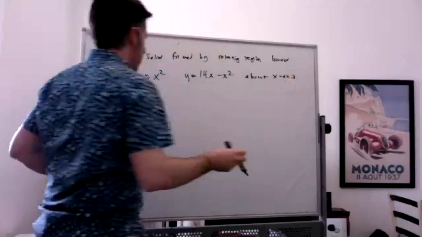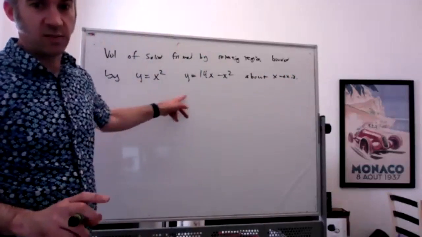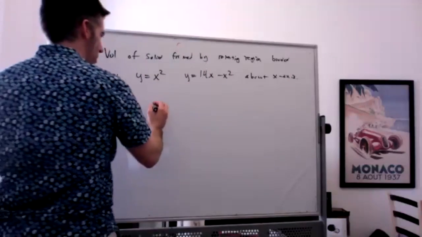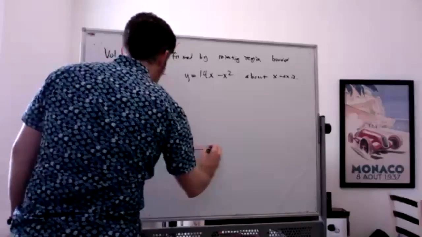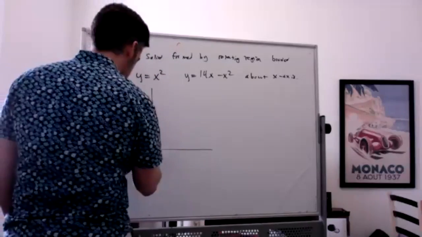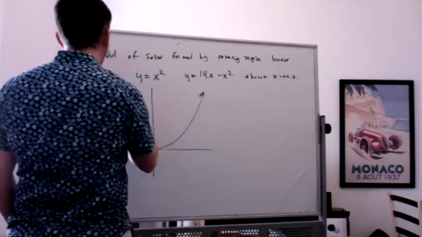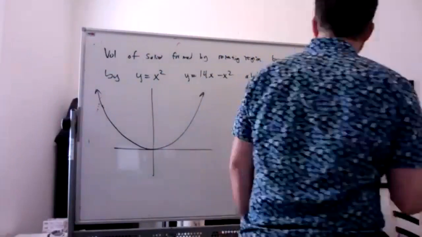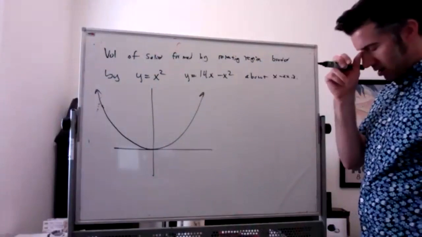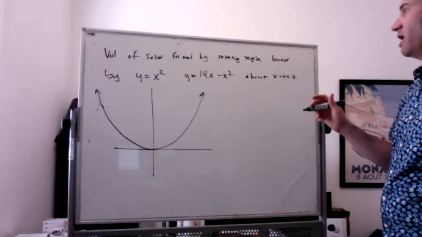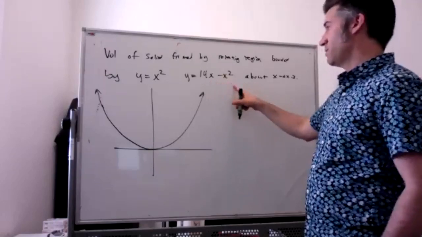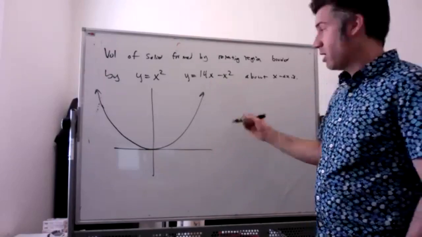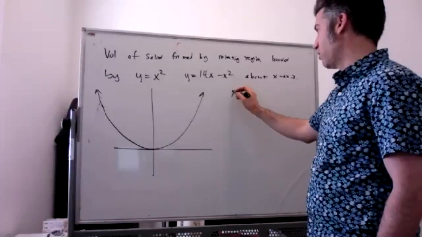There's a really easy way to graph things like this. Y equals x squared, we know how to graph that. And 14x minus x squared is a downward opening parabola.